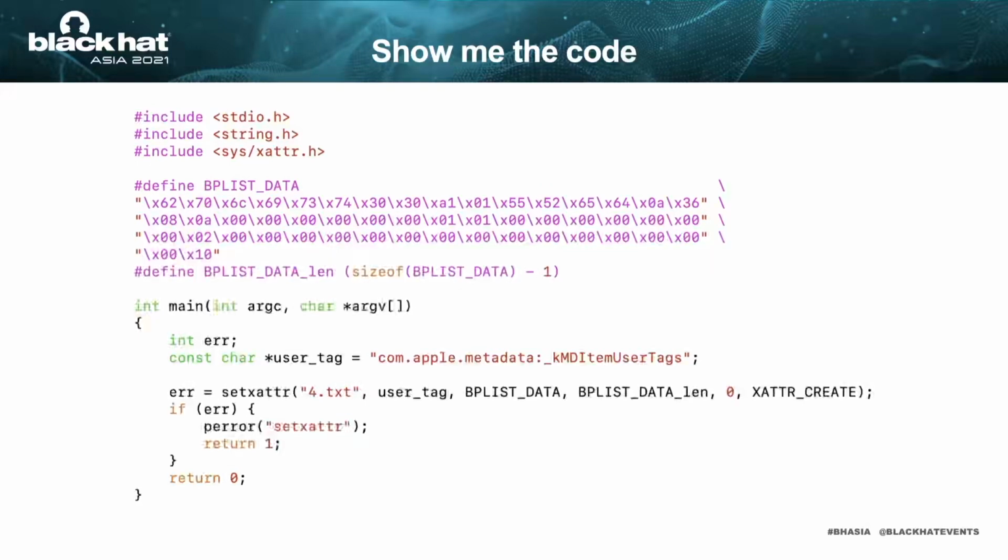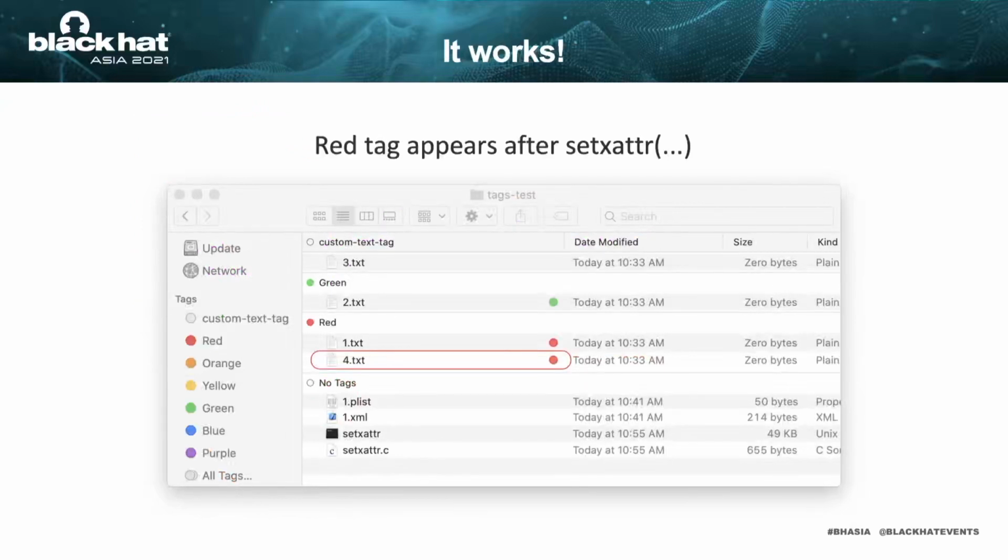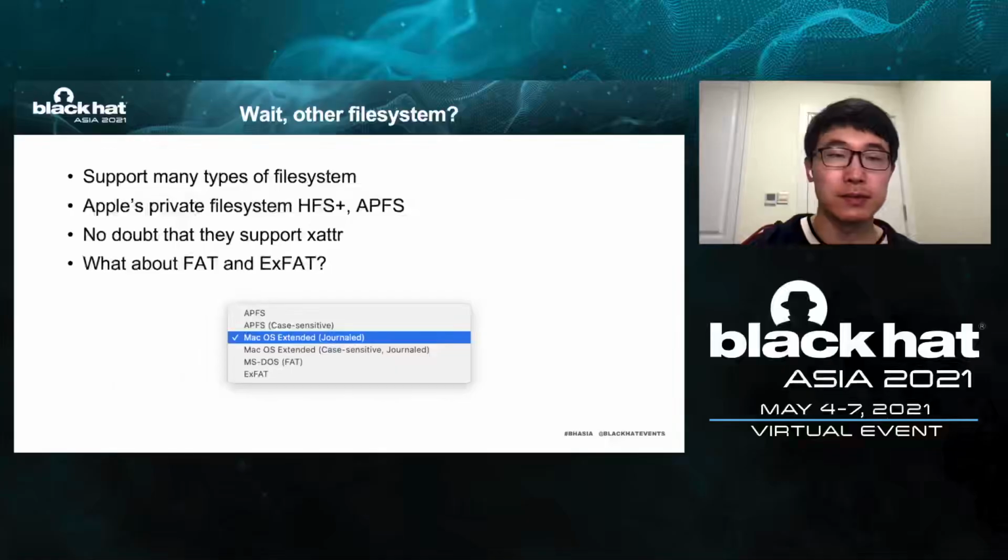I just reuse the XATTR content dumped from the previous red-tagged file, and then assign this piece of binary data to the file through the setxattr syscall. It turns out that, yes, we can indeed get a file with a red mark, so the setxattr syscall works.